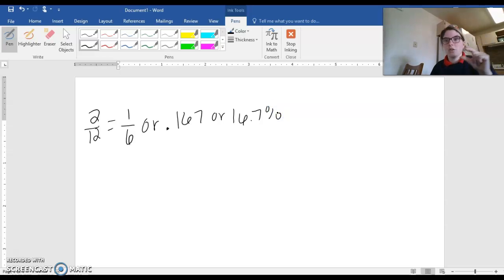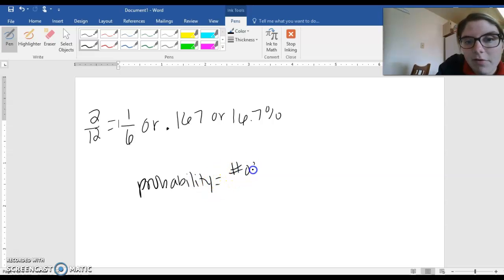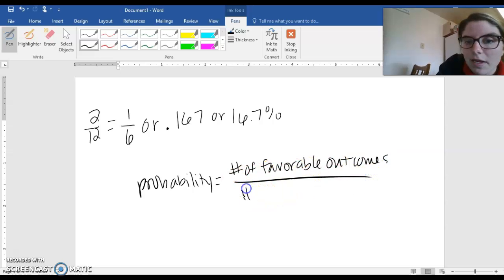So again, it's just taking a look at the sample space, and remember the probability is the number of favorable outcomes over the number of possible outcomes.